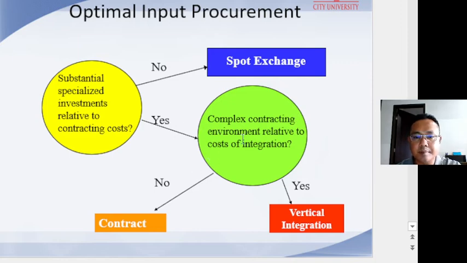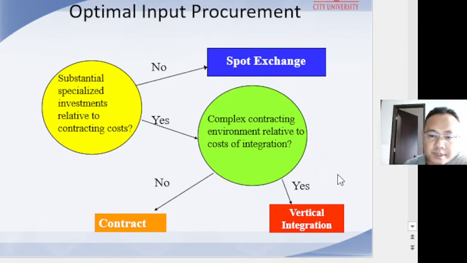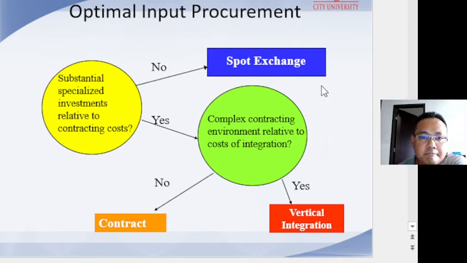If yes, the next question: is there a complex contracting environment relative to the cost of integration? If no, we go to contract, and if yes, maybe the manager can choose vertical integration as the method of input procurement.